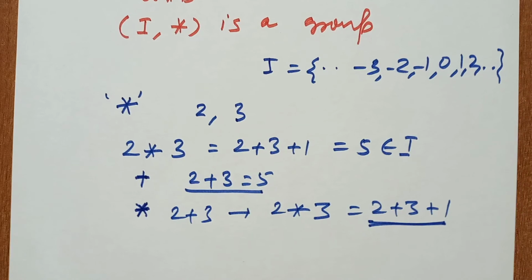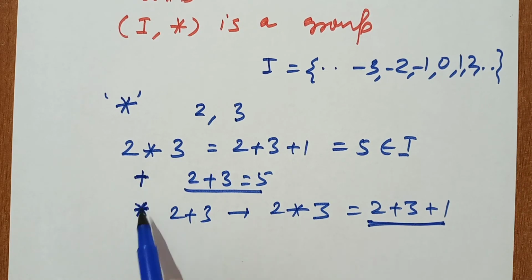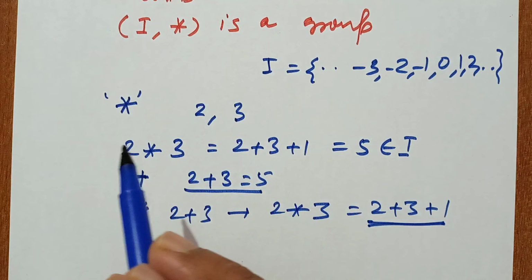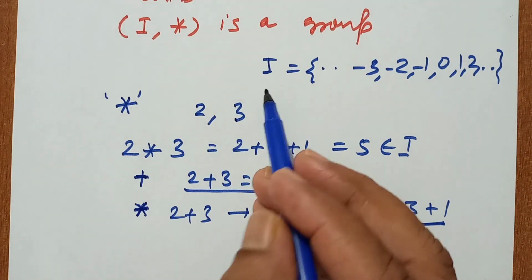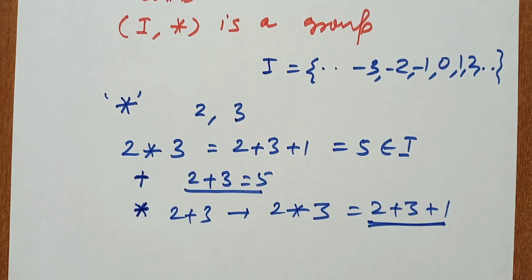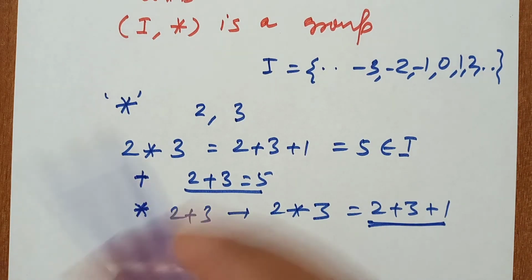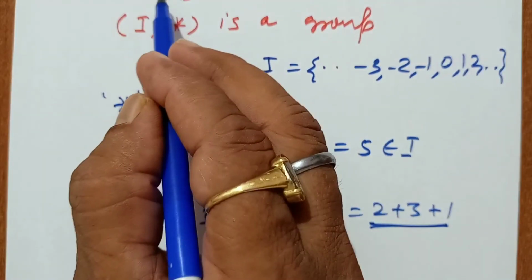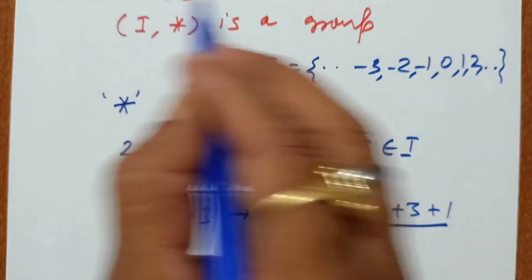So remember, this is not addition, this is a new operation. And if you have any new operation, it has already been defined by the question, meaning a star b is equal to a plus b plus 1. Similarly, if you define any other operation, the question already gives the value.